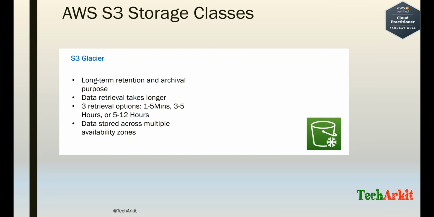Here data is across multiple availability zones, but whenever you retrieve the data, the sooner you want it, the more you have to pay. So for retrieval you need to pay some cost. That's the purpose here. But most of the time with archives, we don't really restore them, right?